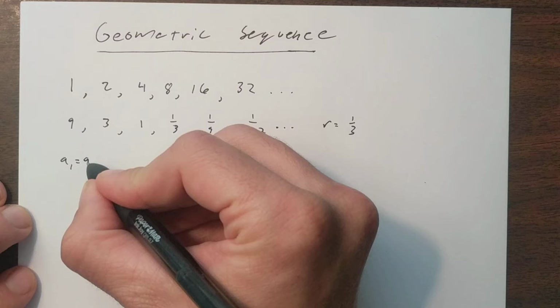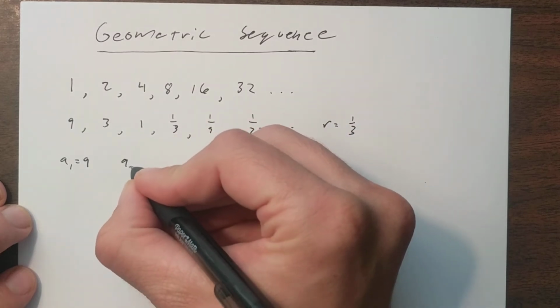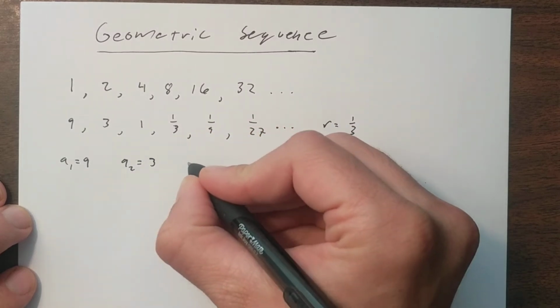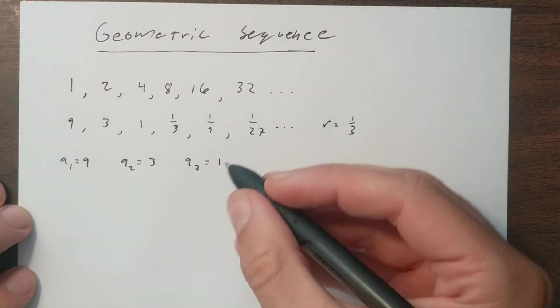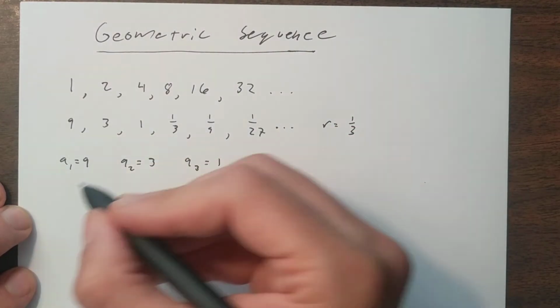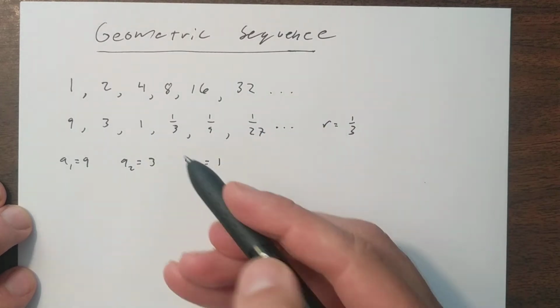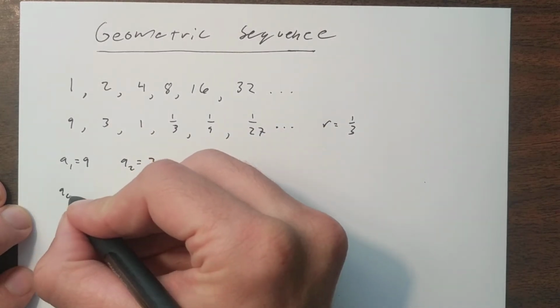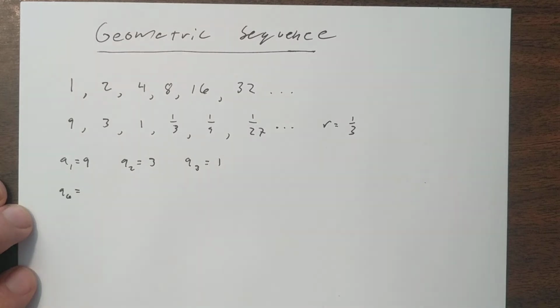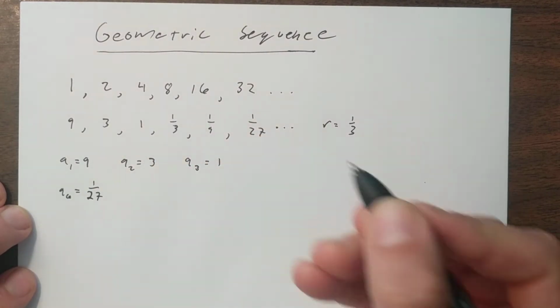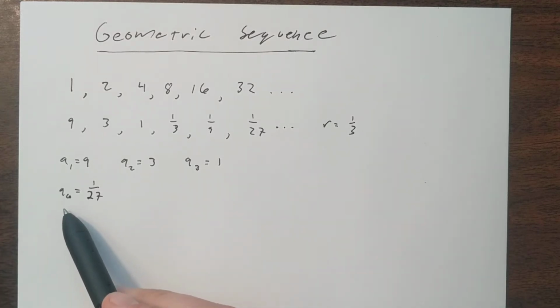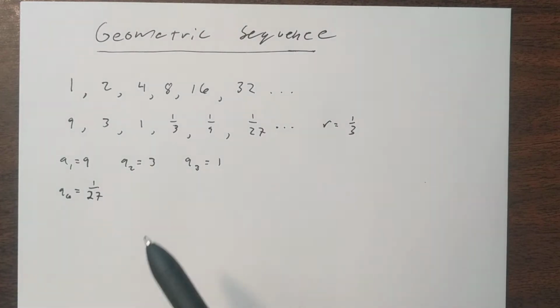So in this sequence, your first term is 9, while your second term is 3, and your third term is 1. You could just continue going with that. So in fact, your sixth term, or a sub 6, is 1/27. The subscript is just the position of the term.